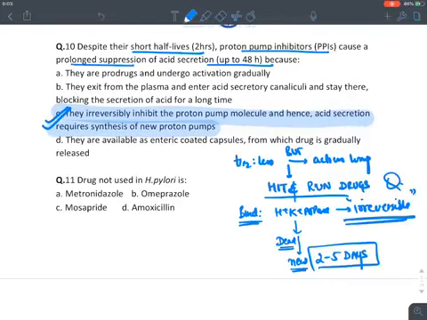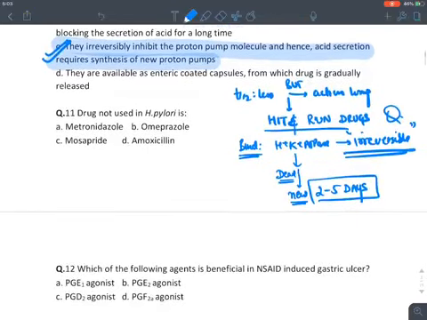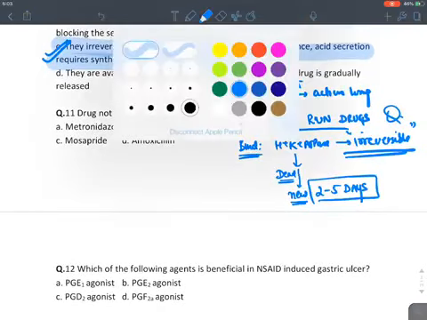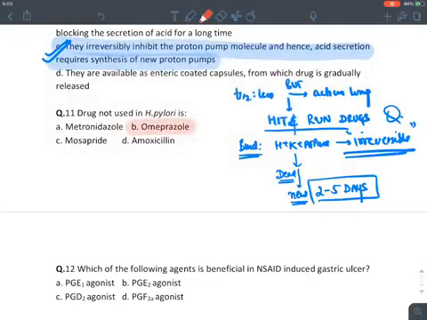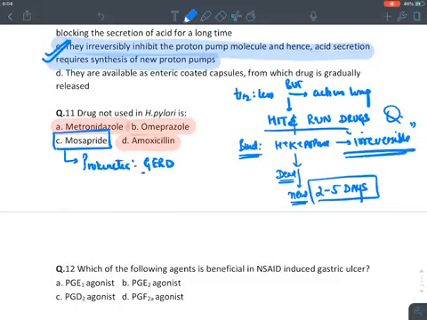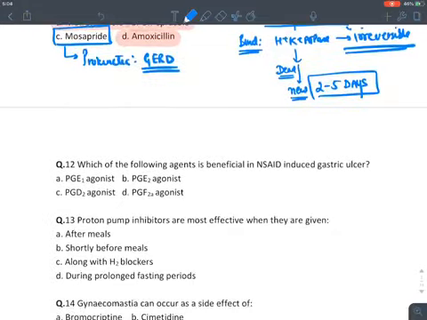Now, the drug which is not used in H. pylori infection: omeprazole, PPIs, they are used. Amoxicillin, antibiotic, metronidazole, yes. Mosapride is not used. Again, mosapride, like cisapride, is a prokinetic drug. Prokinetic drugs are rather used in the treatment of gastroesophageal reflux disease.